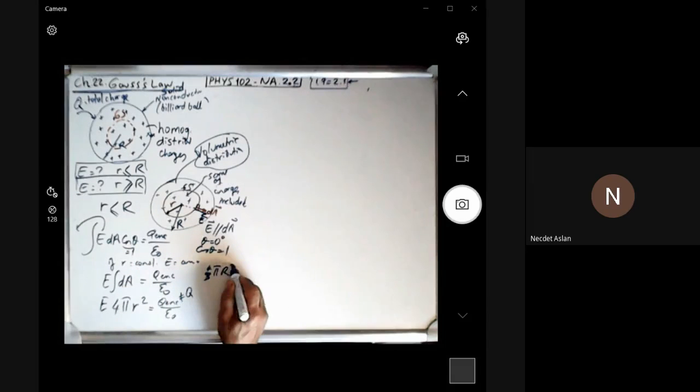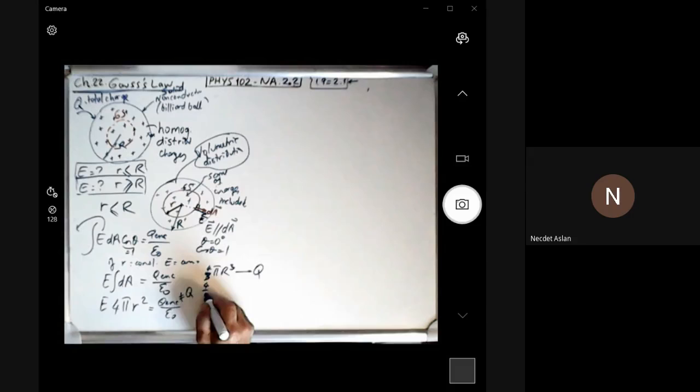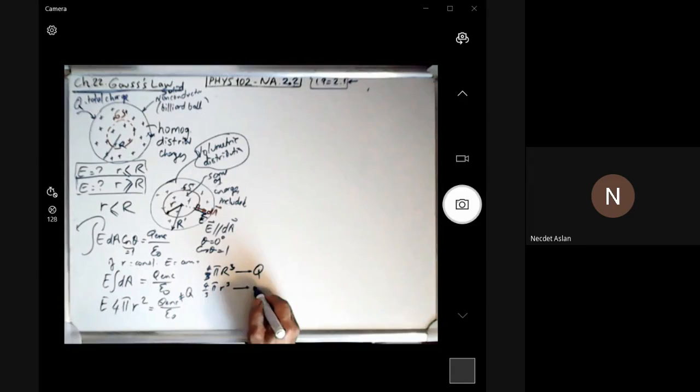So the total volume 4 over 3 pi capital R cubed includes Q, but our little volume with the Gaussian surface, 4 over 3 pi small r cubed, is having Q enclosed. Very simple proportionality.